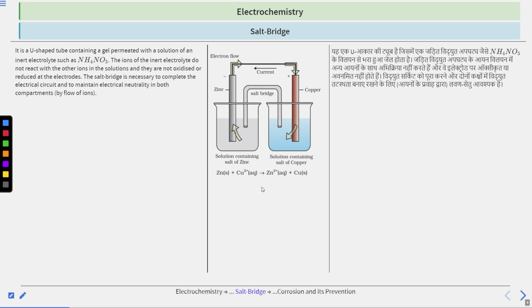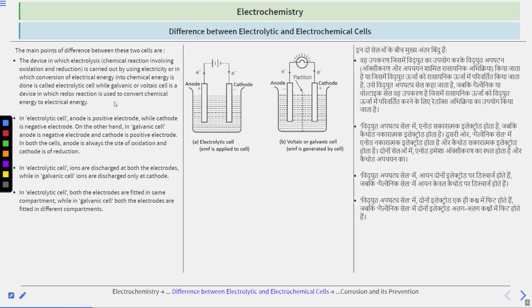Now let's see the difference between electrolytic and electrochemical cells. The main points of difference between these two cells are: first, electrolysis is a process in which a chemical reaction involving oxidation and reduction happens simultaneously.